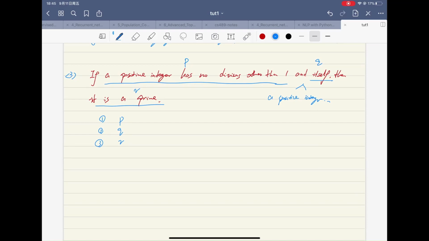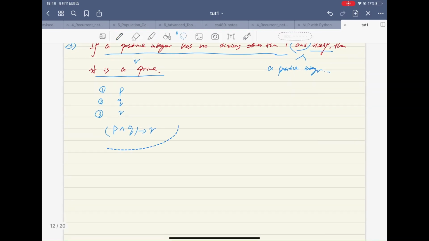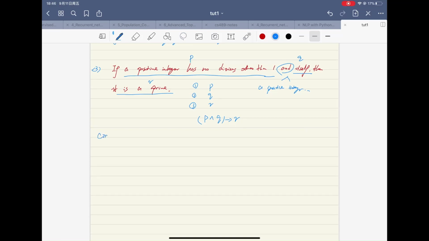Then we write this statement into propositional logic. It's just P and Q implies R, because here is the logic connective. So let's write the converse of this statement.